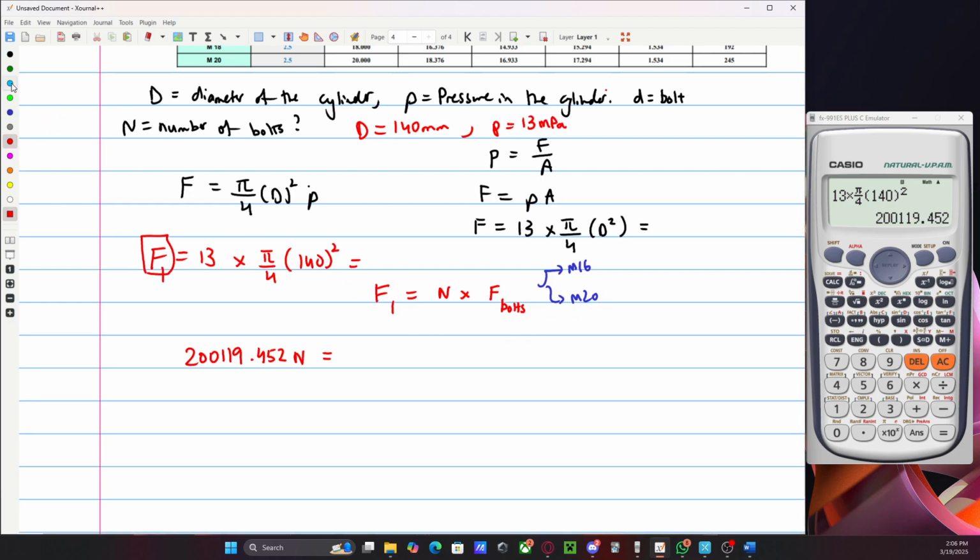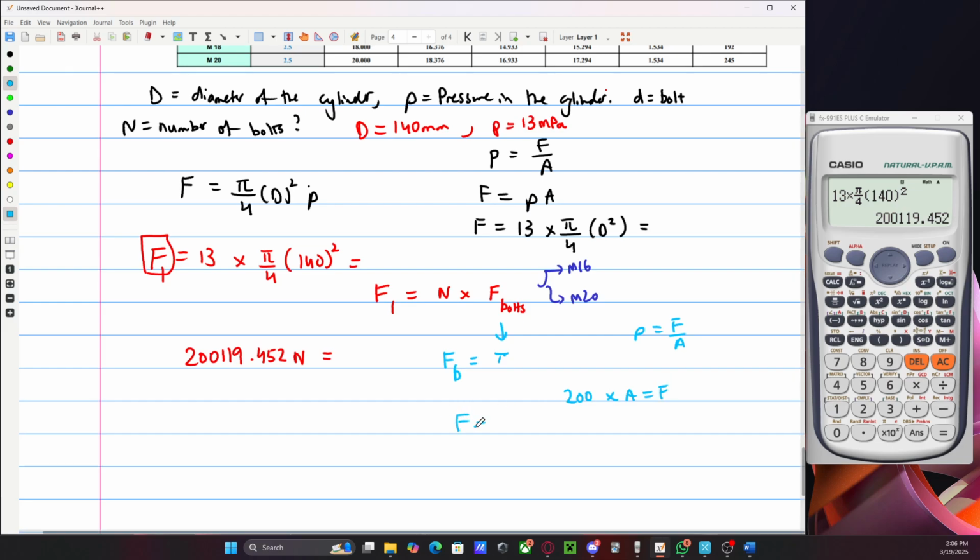Let's look at M16 first. How do I work out the force given by each bolt? So FB will be the same: if you remember, P equals F over A. The maximum allowable stress for the bolt is 200 megapascals, right? So 200 times the area will give you the force.